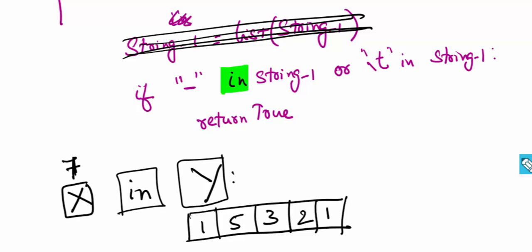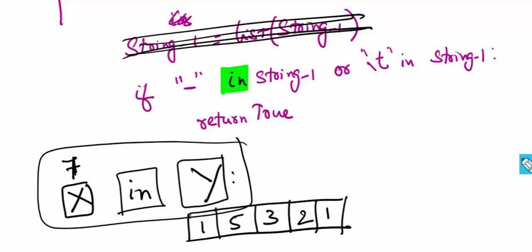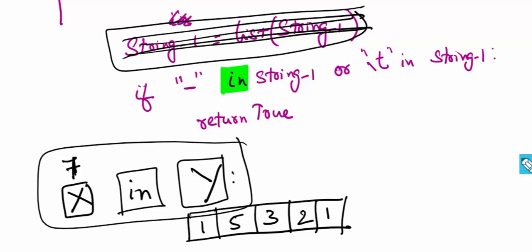You can consider it like a list, but it's not mutable. Of course, you can't store anything other than a character in a string, but for the purposes of this logic, it can be considered an iterable. So you don't even need to convert it to a list. You can just straight away say blank in string 1, tab in string 1.